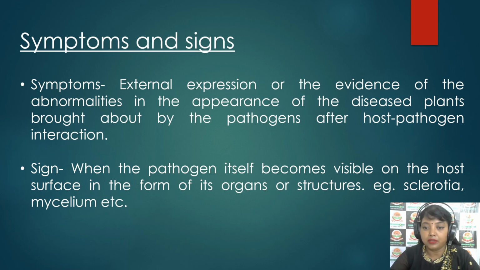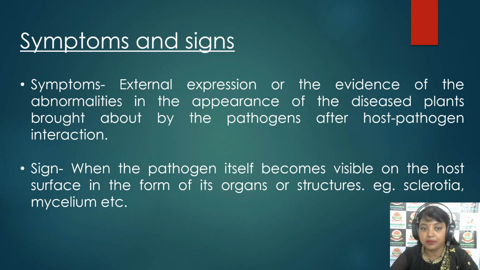And a sign is when the pathogen itself becomes visible on the host surface in the form of its organ or structure, for example sclerotia or mycelium. That is called a sign. So a symptom is the expression of abnormal functioning, abnormal form or appearance in the plant due to the host-pathogen interaction, but the pathogen is not seen in the plant.